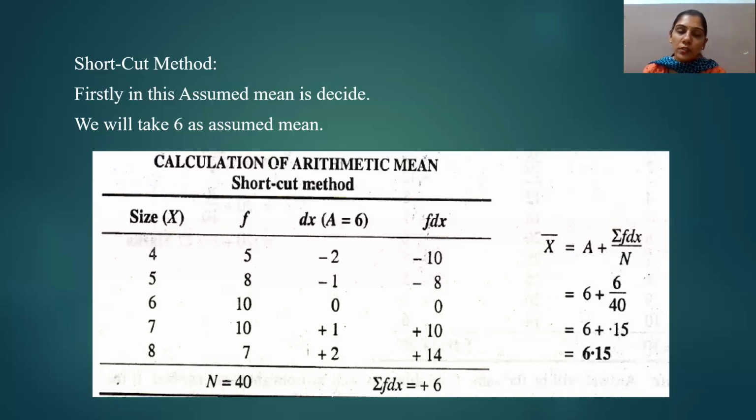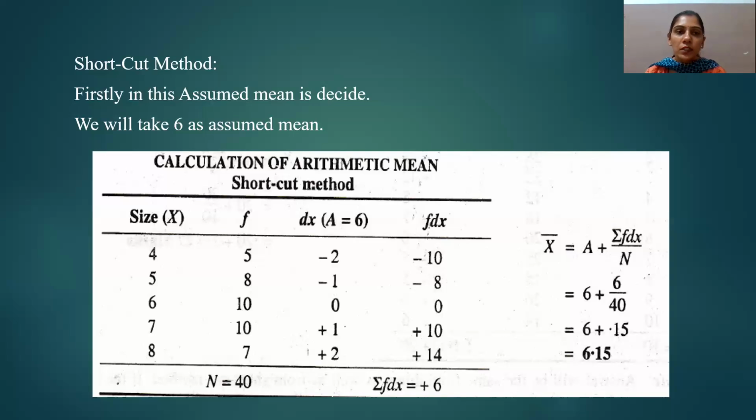So it's your choice which method you want to choose. Basically, the direct method is easier than the shortcut method. If in the question the method is not mentioned, then you can opt for any method.